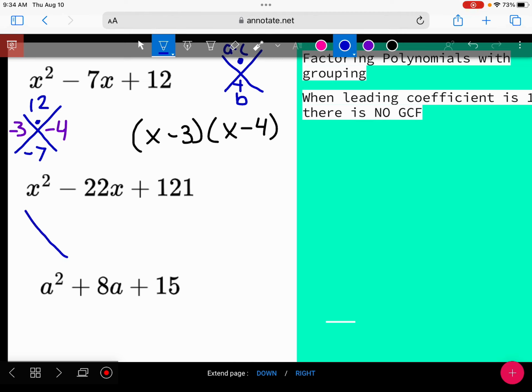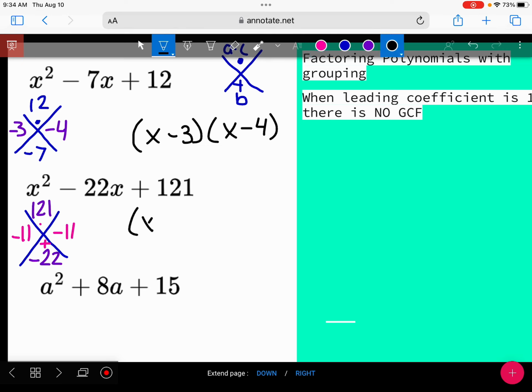So then we're going to come down here. Do this one. So we have A times C, 1 times 121 is 121. B is -22. What's a pair of numbers that multiplies to be 121 and adds to be -22? -11 and -11.